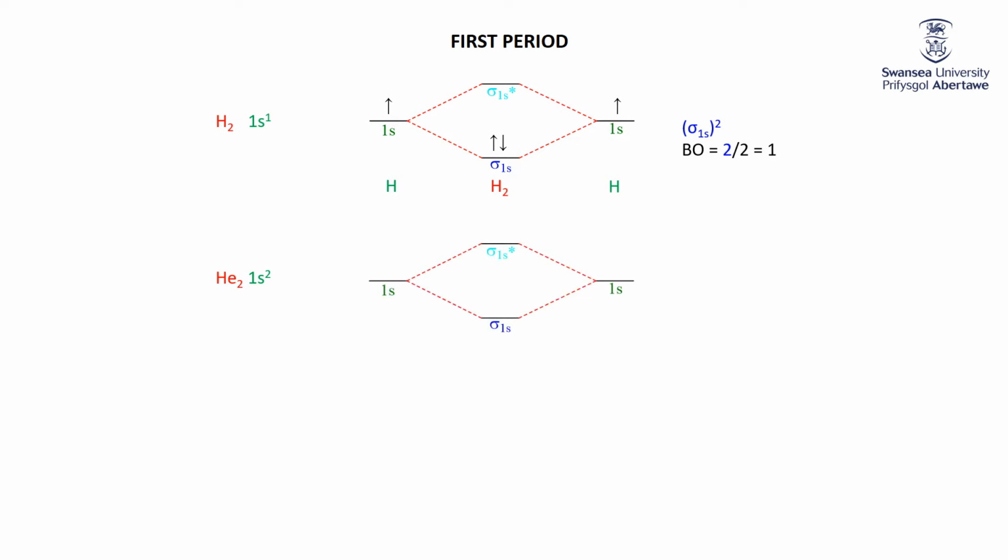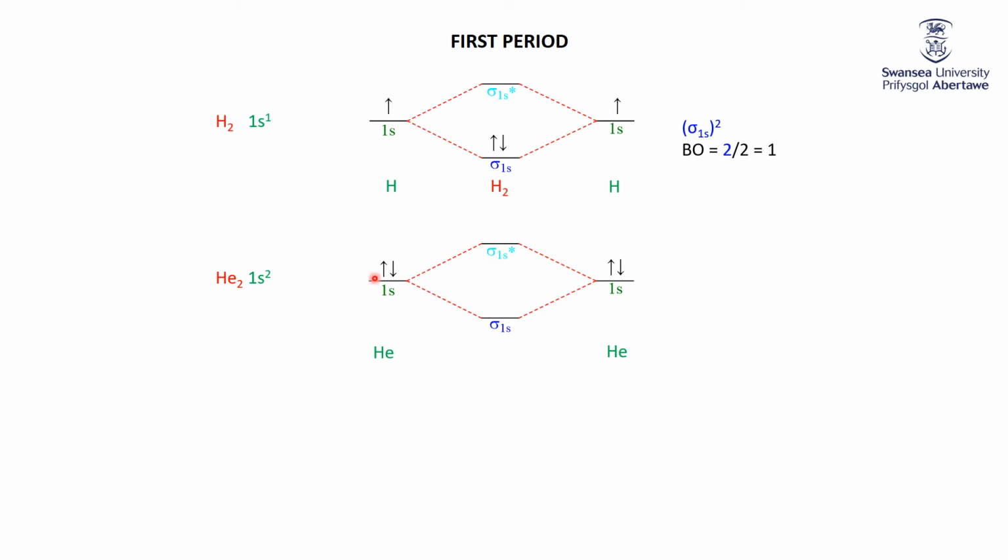So again, we would say we've got 2 heliums. They've each got 2 electrons in the 1s. As we bring the 2 heliums together, you're going to get the in-phase nice bonding overlap to give you sigma 1s, and the out-of-phase nasty non-overlap to give us the anti-bonding.